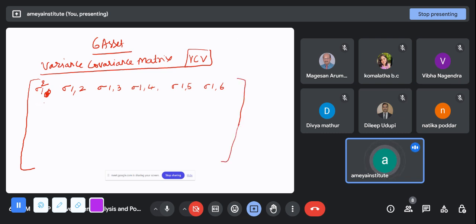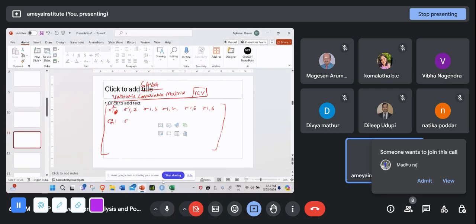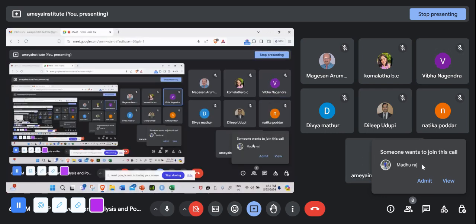Now, what will be the second line of combinations here? The first line was the first asset with the second, third, fourth, fifth and sixth assets. What will be the second combination we can make? The standard deviation of 2 comma 1. Next comes 2 comma 2.